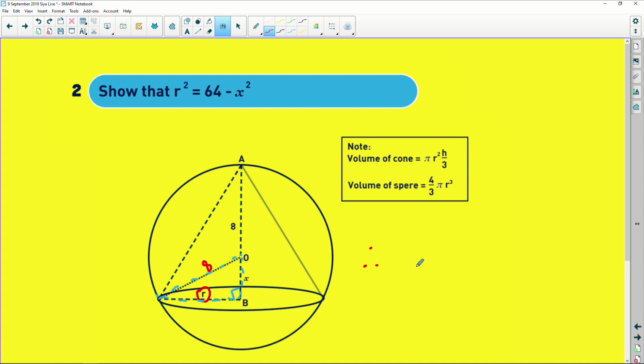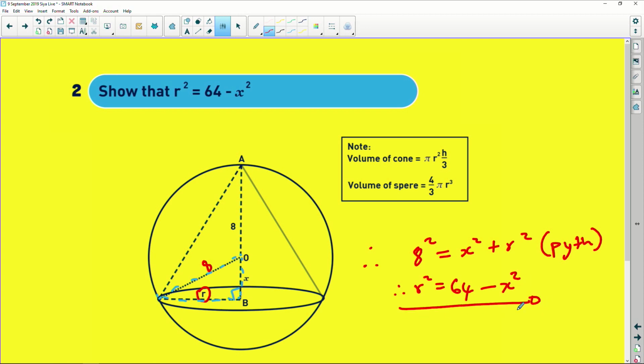Therefore, 8 squared is equal to x squared plus r squared. This will be Pythagoras. To make r squared the subject of the formula, r squared is equal to 8 squared, which is 64, minus x squared, because I'm adding the additive inverse of that on both sides.